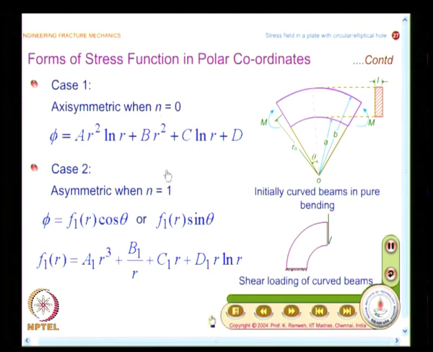We have seen n equal to 0, n equal to 1, the next step is n equal to 2.